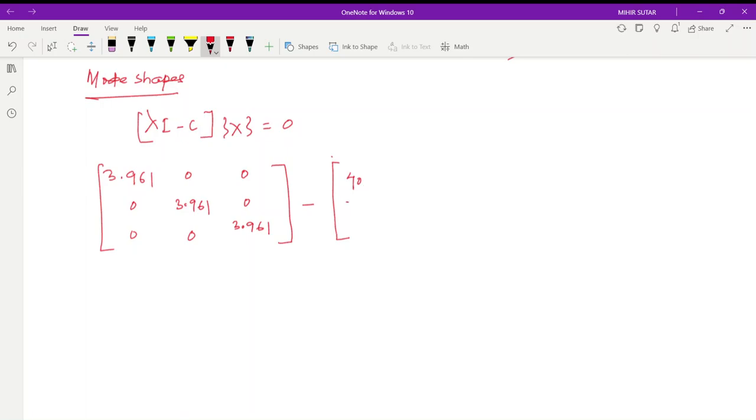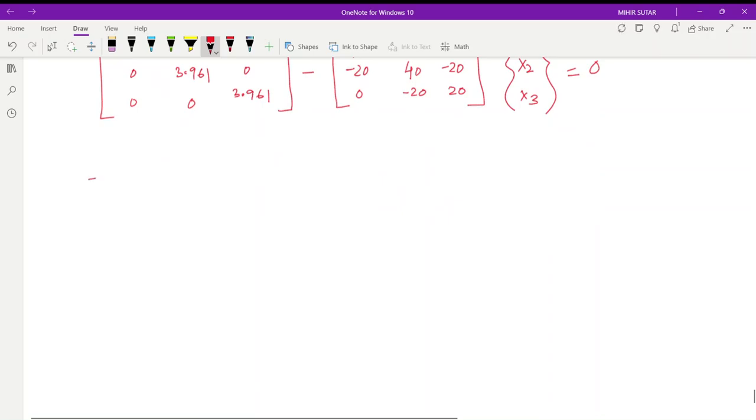Okay, by substituting the values we will have 40, minus 20, 0, then minus 20, 40, minus 20, 0, minus 20, 20, into x1, x2, x3, right? This is equal to 0.